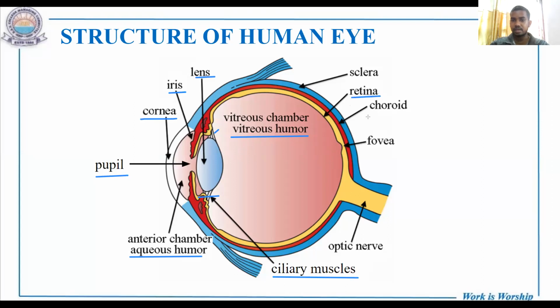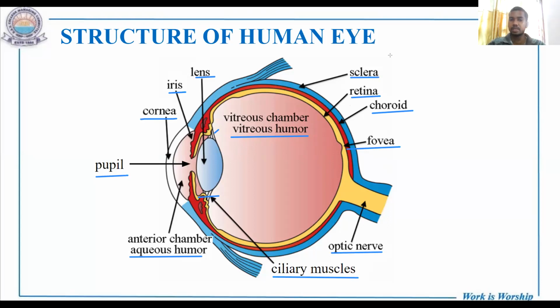And after the retina layer, there is the choroid, and in the retina there is one gap that is called the fovea. And finally all the light signals will be carried forward to the brain with the help of the optic nerve, because everything will be interpreted in the brain, and the brain will take further action.